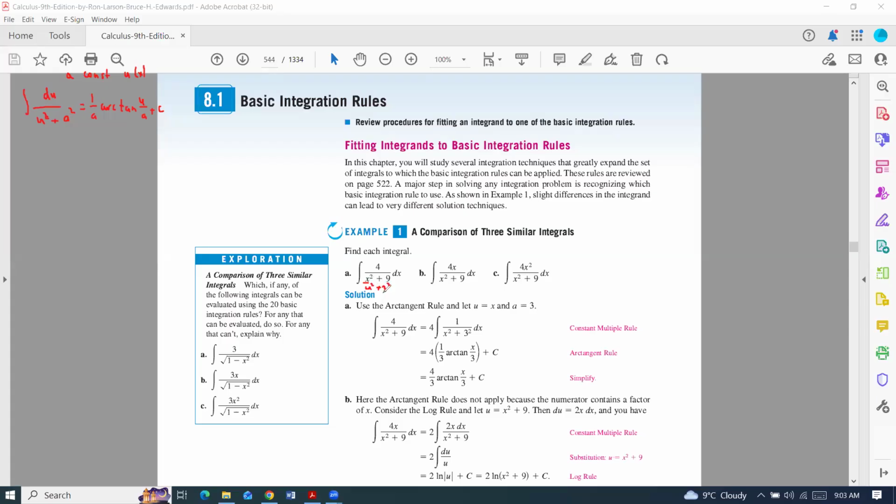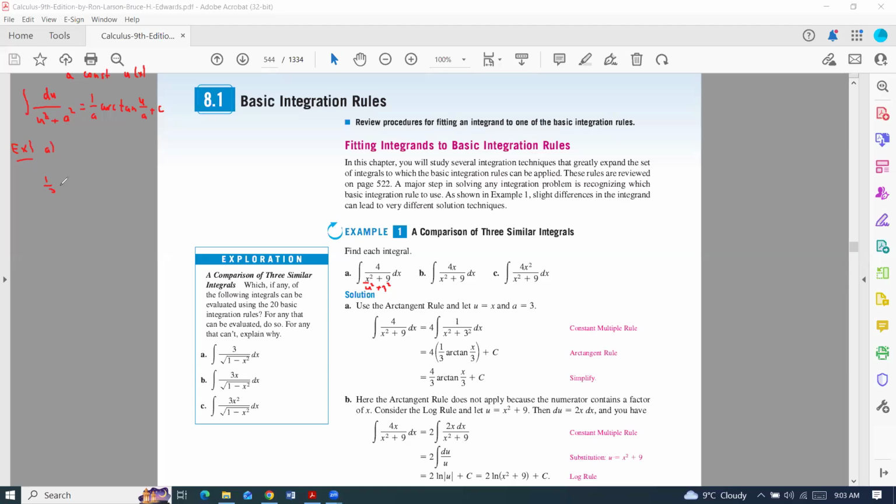Instead of a, I put number 3. So I'll write example 1 part A. So the answer will be 1 over 3, right?